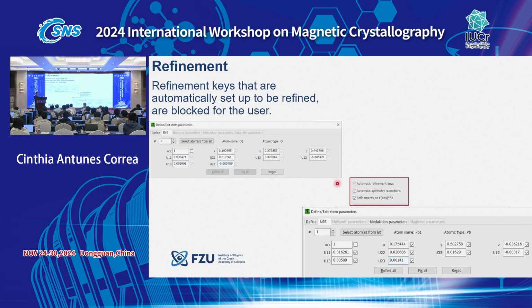If you want to modify them by yourself, then you need to know what you are doing, and you need to select which parameters you want to refine. Then you just disable this option, and you can change all the parameters as you wish.